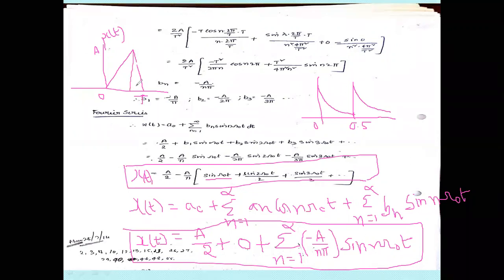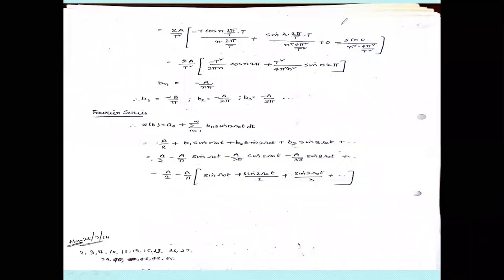So always the Fourier series is available for periodic signals only, because the Fourier series is used to analyze periodic signals. These two examples are very, very important, my dear students. Please practice these two questions 2 or 3 times. Otherwise, it is somewhat difficult to learn. Okay, come to the next one.